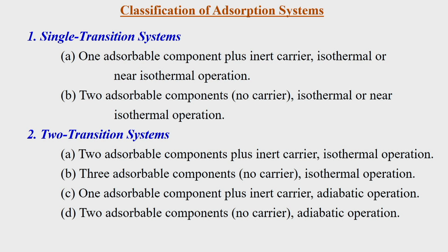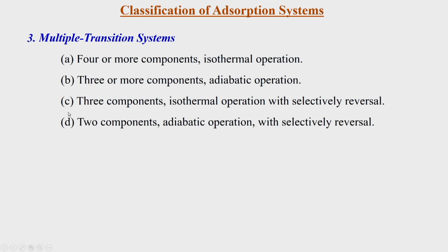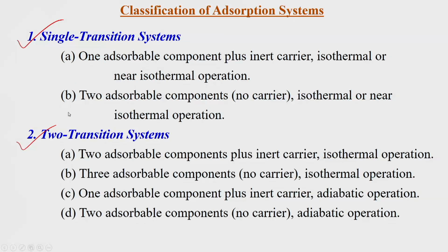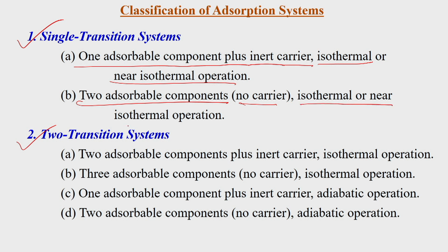There are three different adsorption systems: single transition system, two transition system, and multiple transition system. In single transition systems, one adsorbable component plus inert carrier, with isothermal or near isothermal operation. Another case is two adsorbable components with no carrier, isothermal or near isothermal.